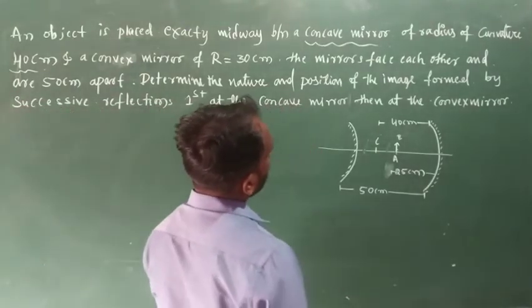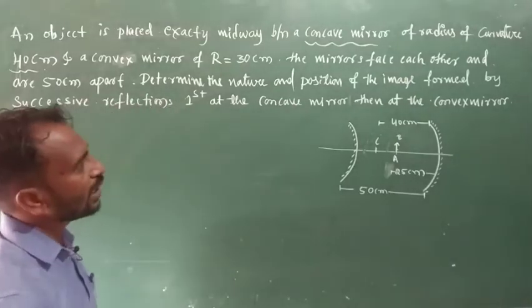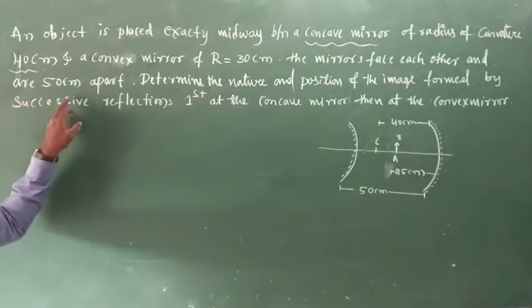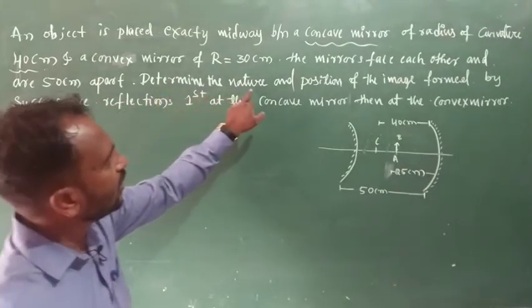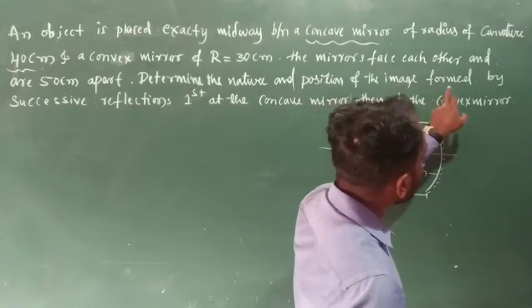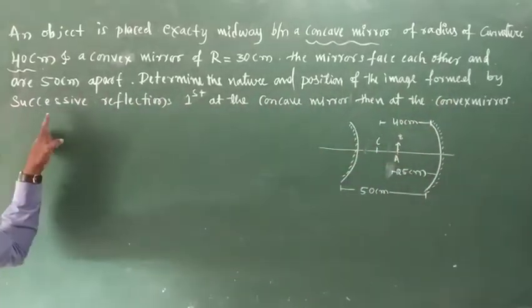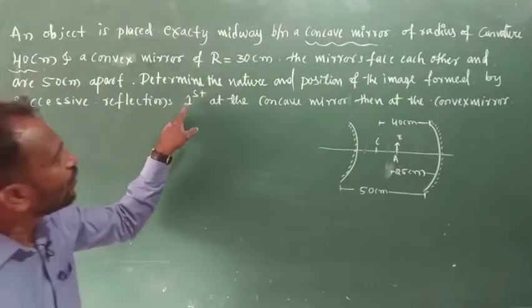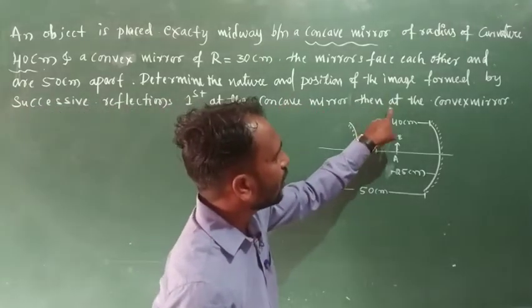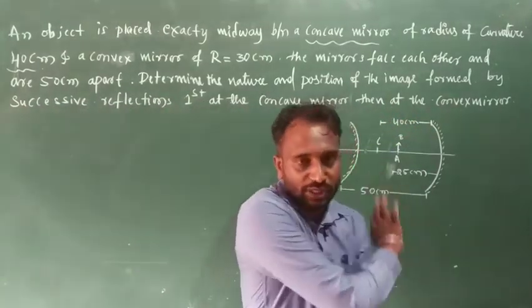Next, we want to find out the image distance. Why? Because it is already given to determine the nature and position of the image formed by successive reflection, first at the concave mirror, then at the convex mirror.